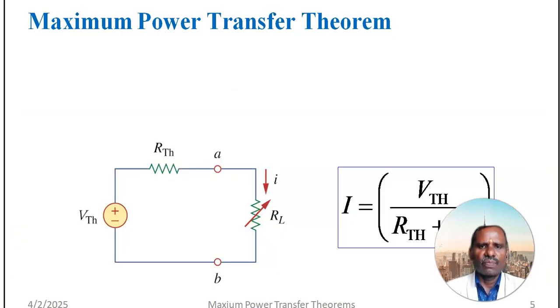So for the maximum power transfer theorem, we have VTH in series with RTH, and in series with the load resistance RL. This load resistance RL will be varying in nature. We will have maximum power only when RTH is equal to RL.